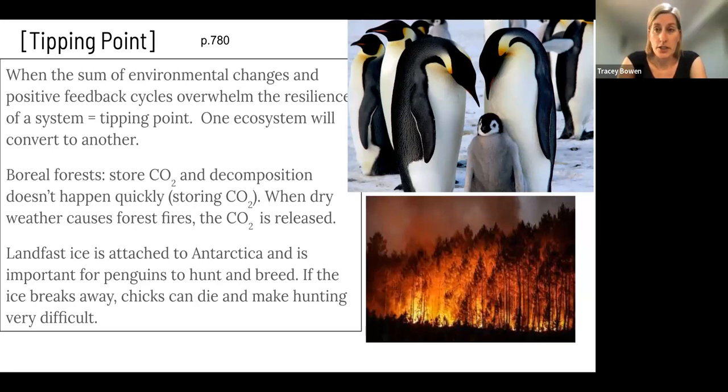In 2018, this actually happened, and it was very sad to watch. But additionally, if land-fast ice detaches from Antarctica or is just not present because it's not forming, then it can make hunting very difficult because there's just less area for the penguins to be accessing the sea.